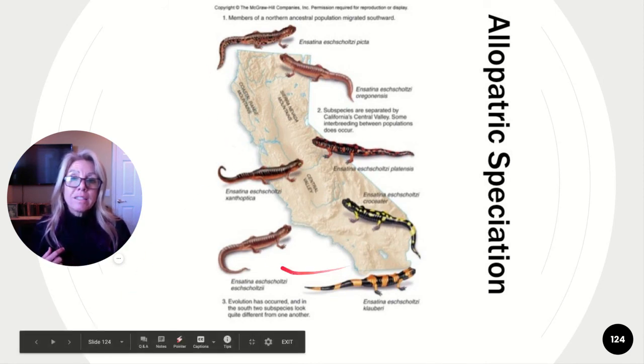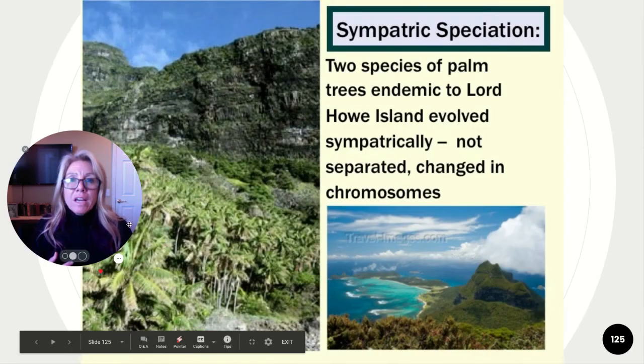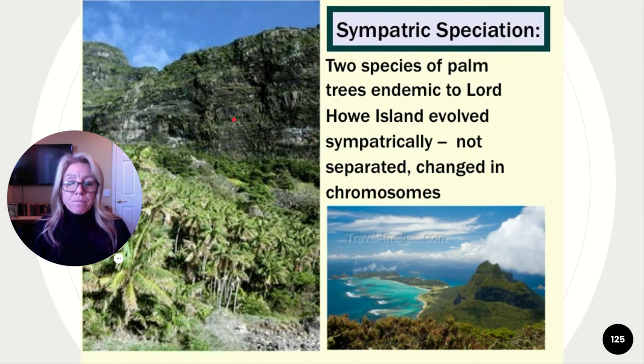And this is an example of what they call a ring species, because it forms a ring of variation. Sympatric speciation is less likely. They are literally side by side, and there is a mutation within one that then reproductively isolates it from the other species.